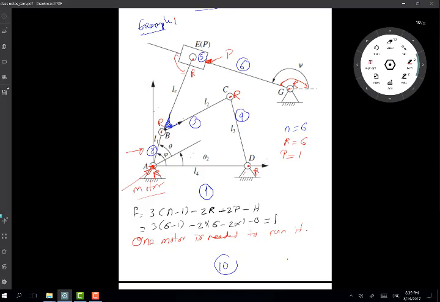Usually you get high speed and low torque at the motor, and then the other links in the arrangement will have lower speeds, normally variable speeds, while the input link connected to the motor will have a constant speed. The other ones will have lower, but variable, speeds, and hence the torque will be magnified.